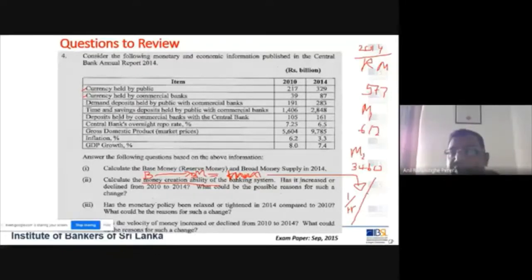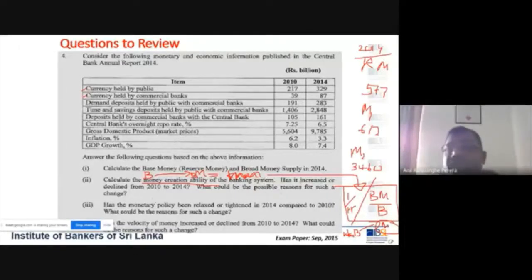Broad money divided by monetary base. Someone said K into base money. Someone just said. Oh, you can say MM into base money. That is how do you get broad money, isn't it? That's also correct. But what we are trying to do here is we are trying to identify the money multiplier.